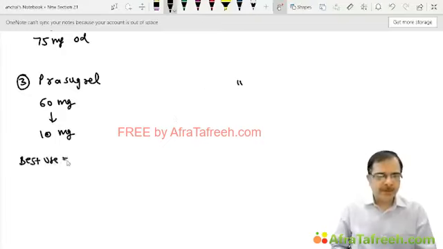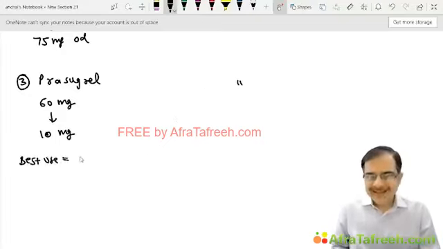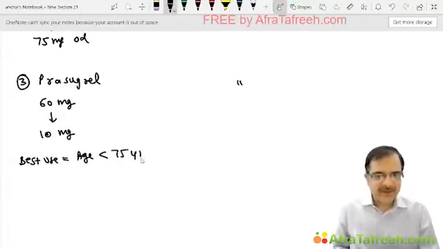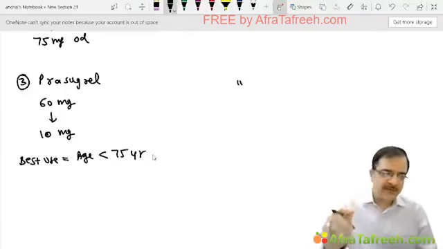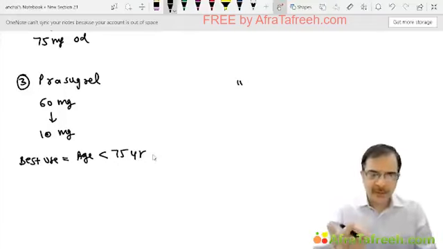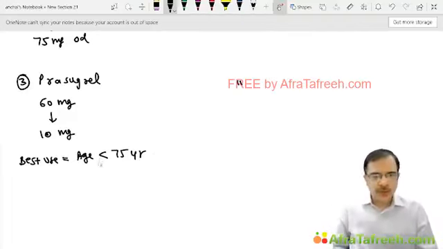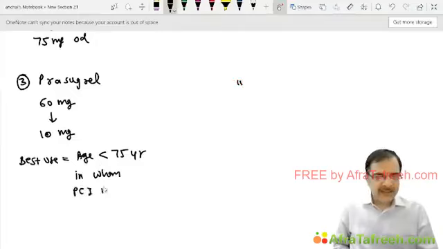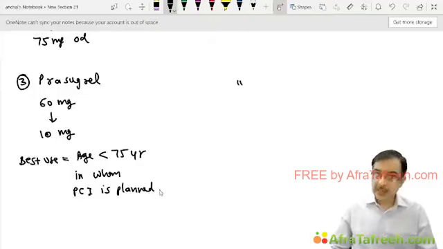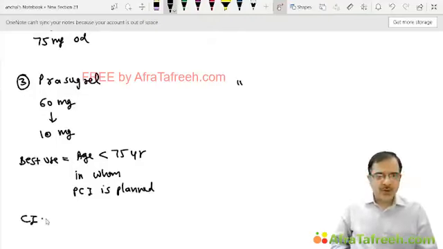The best use is in age less than 75, because above 75 years of age it should be avoided, as it can cause cerebrovascular accidents. It is best used in those patients in whom PCI is planned.